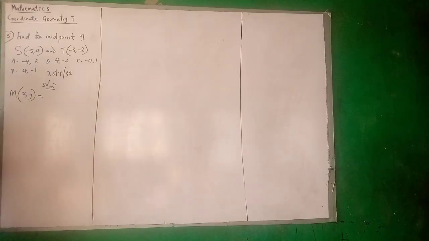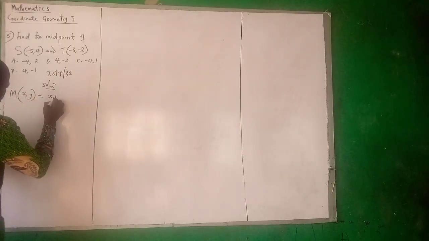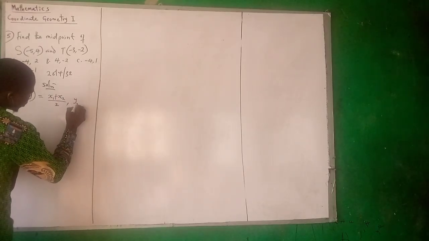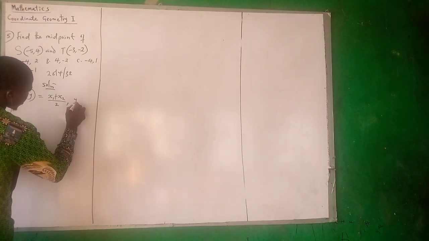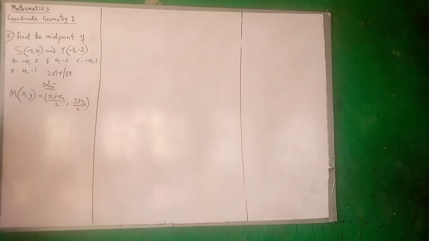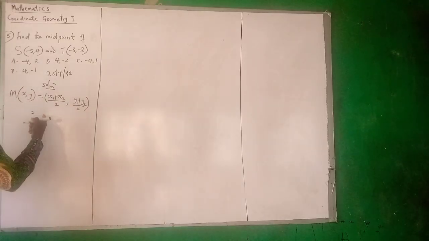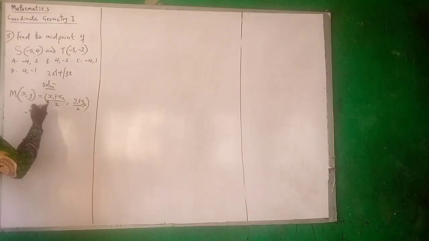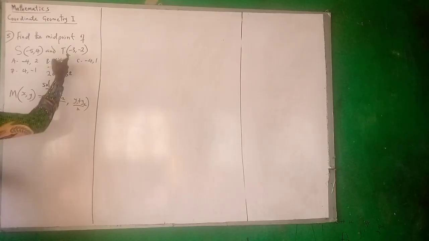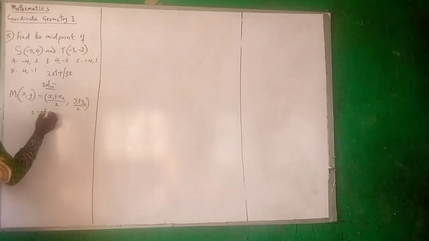The formula is equal to x1 plus x2 over 2, y1 plus y2 over 2, right? And I have told you what x1 and x2 represent in the bracket, right? x1 is minus 5 plus x2 is minus 3, right?